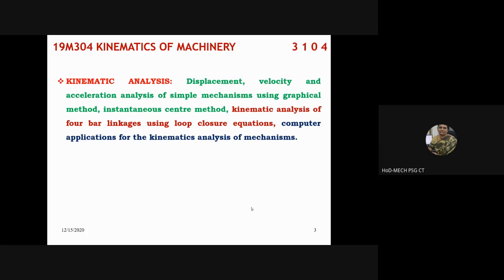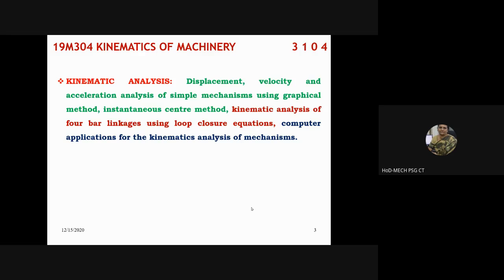So this course outcome corresponds to the second unit of our syllabus, the title of which is kinematic analysis, under which we'll be studying about displacement analysis, not very rigorously, but velocity analysis, acceleration analysis of simple mechanisms. There are graphical methods as well as analytical methods for carrying out kinematic analysis of mechanisms.